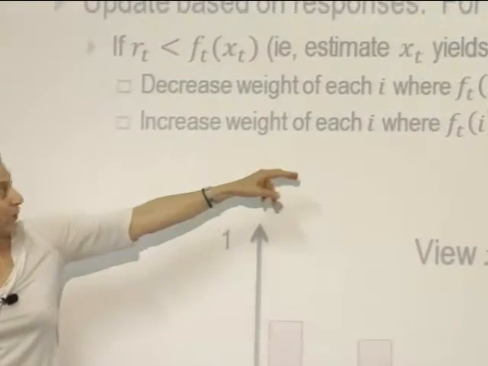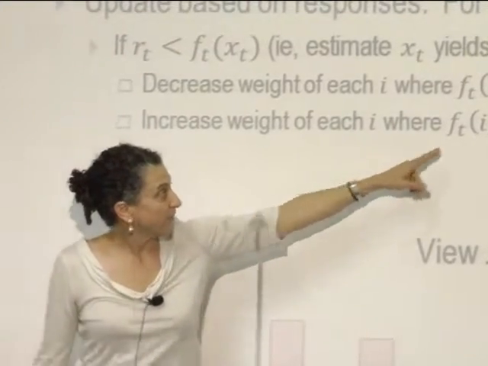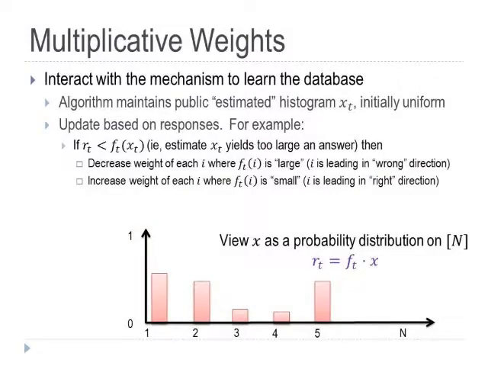And we'll increase the weight for each i where ft of i is small because it's leading in the right direction.